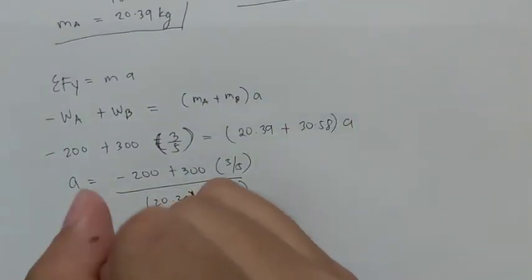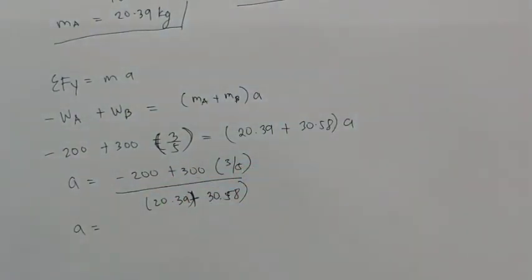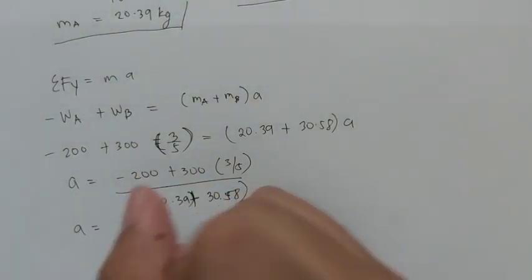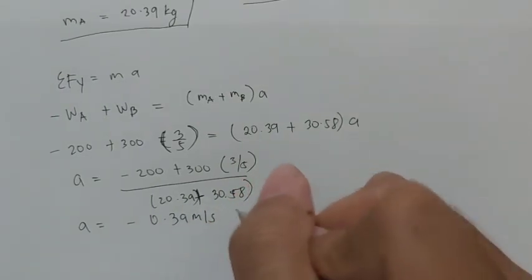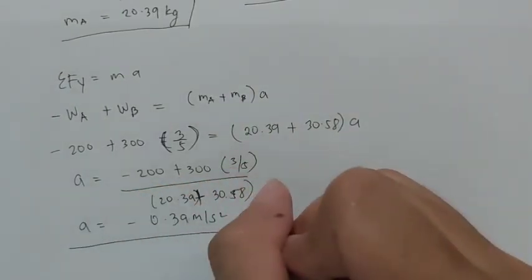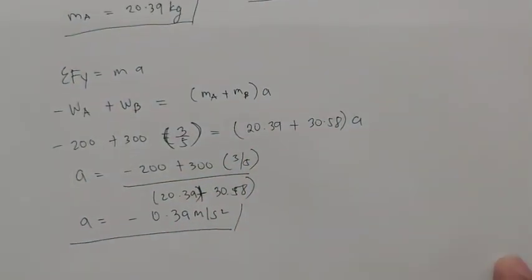Okay, so solving for acceleration, we have negative 0.39 meter per second square. So nakuha natin yung acceleration.